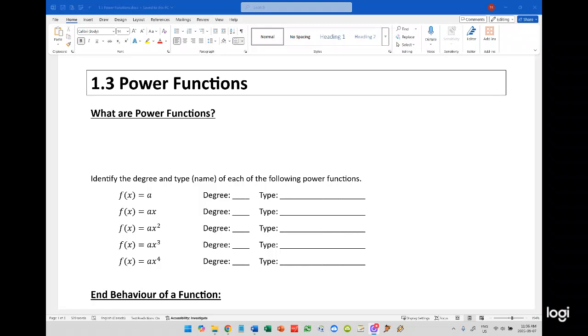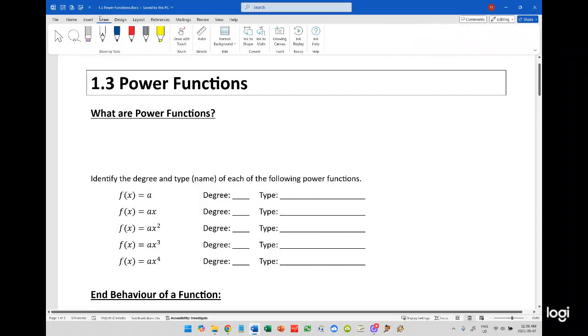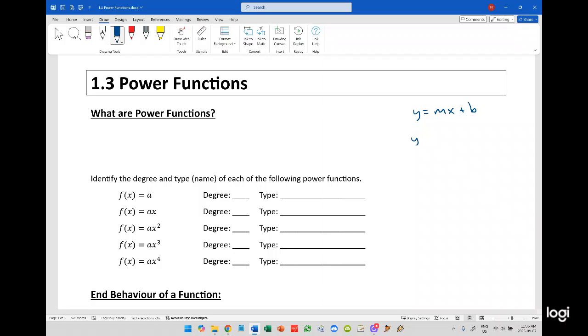So again, we haven't really talked about polynomial functions as a whole yet, but you have seen linear and quadratic functions so far. Linear functions tend to be in the form of y equals mx plus b. Let me just write that down over here. So y equals mx plus b. And quadratics tend to look like ax squared plus bx plus c.